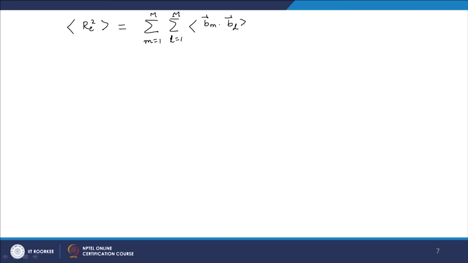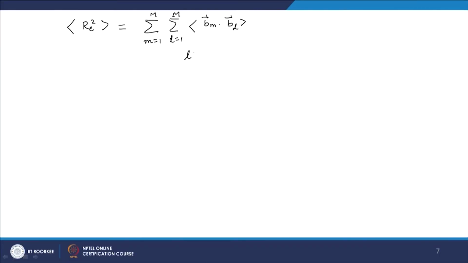Now, there are two possibilities: either L is higher than m or L is less than m. So, let us see what happens for L higher than m. For L higher than m, we can represent Bm dot Bl as something like b square by z minus 1 to the power L minus m, because just like we have derived earlier, here the q is L minus m.